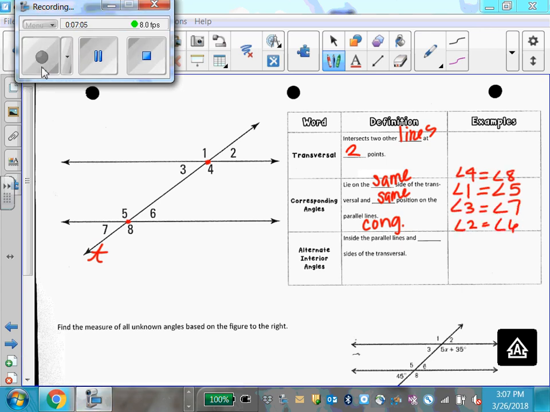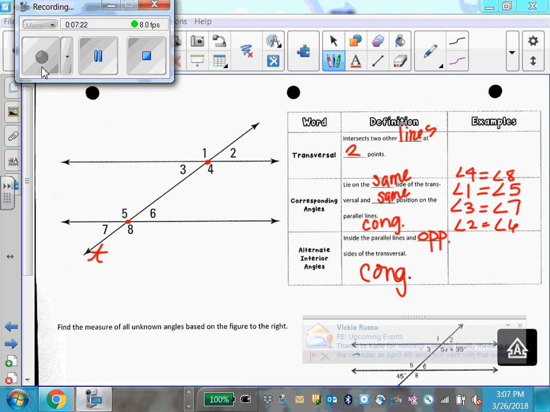Alternate interior angles have to be inside your parallel lines and on opposite sides of the transversal, and they are also congruent. An example would be 3 and 6.